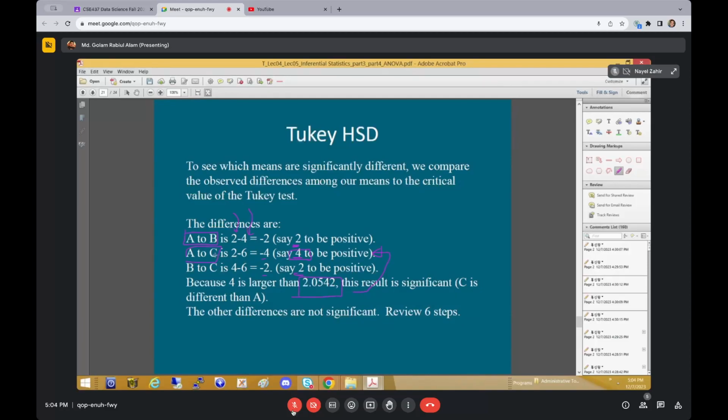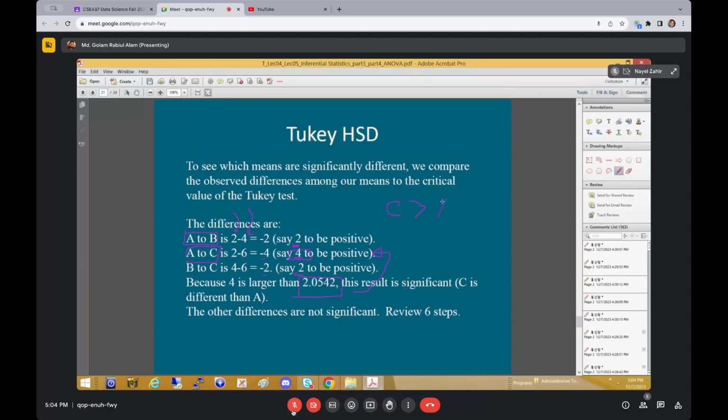So C is greater than A, or C is better than A. C has the significant difference, because the value 4 is greater than 2.054. So that means C is greater than A.